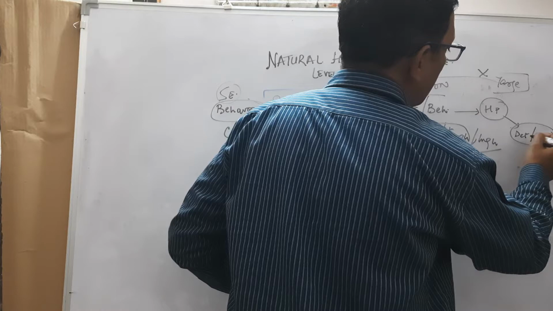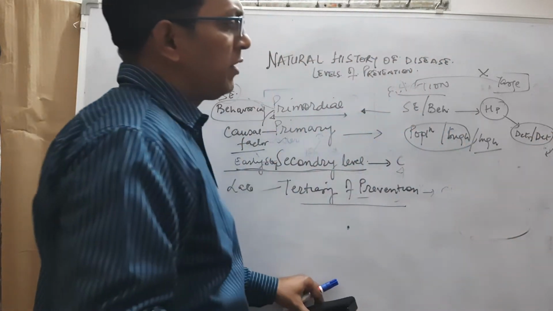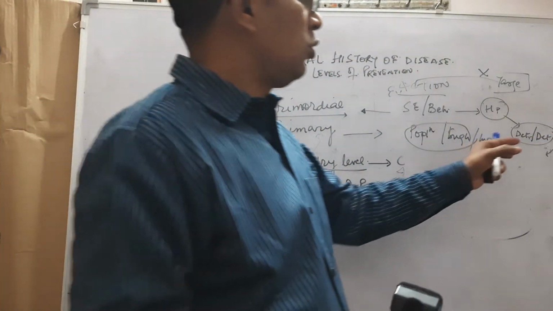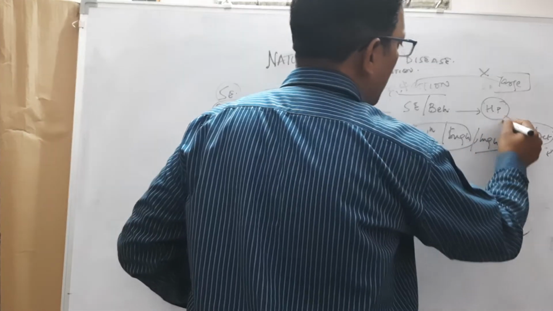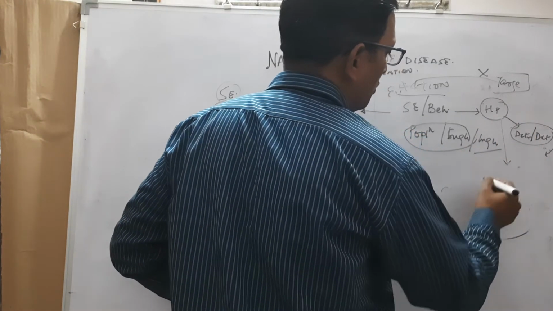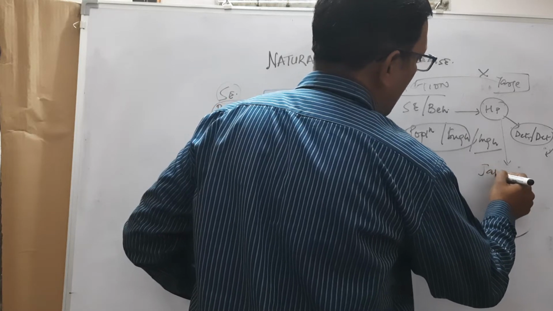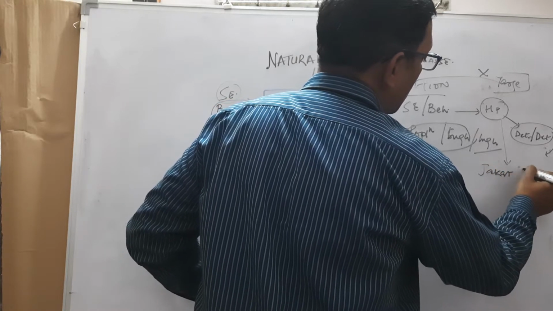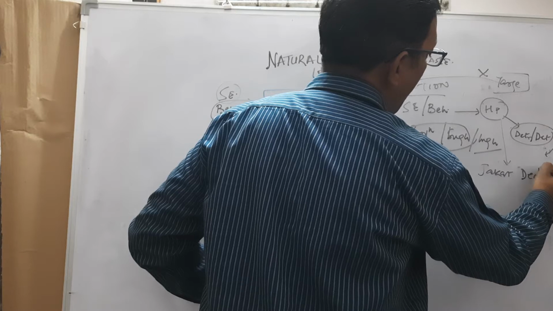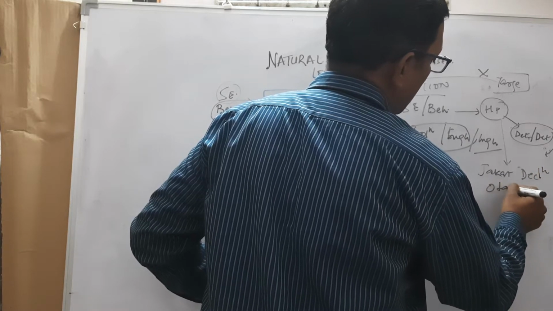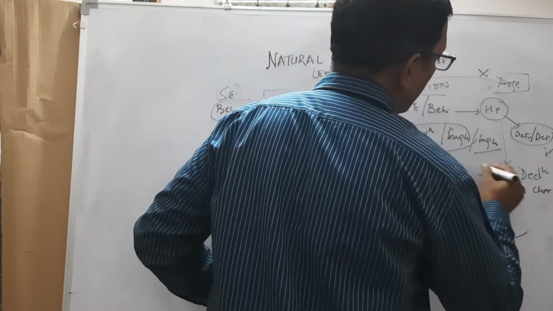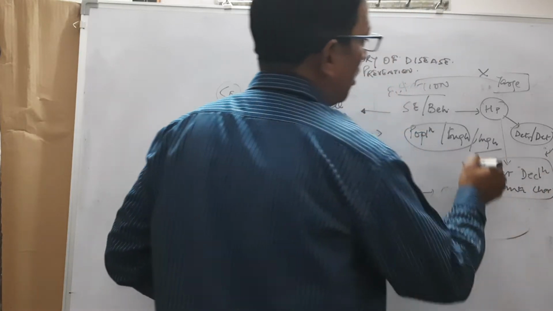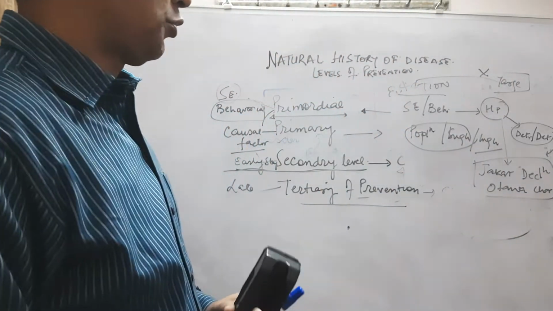There are two things very important here in health promotion: the Jakarta Declaration and the Ottawa Charter. Both of these, the Ottawa Charter and the Jakarta Declaration, are associated with health promotion.